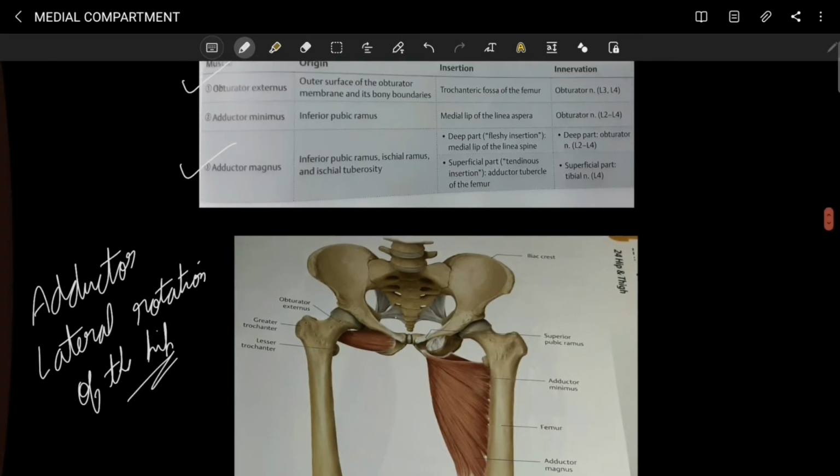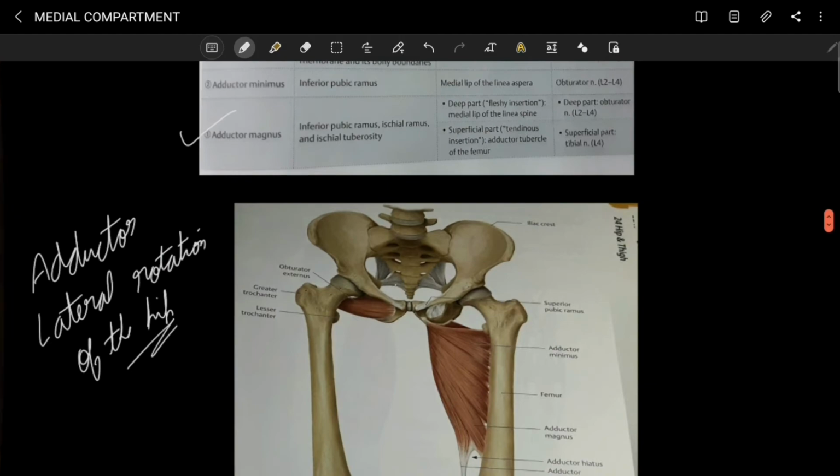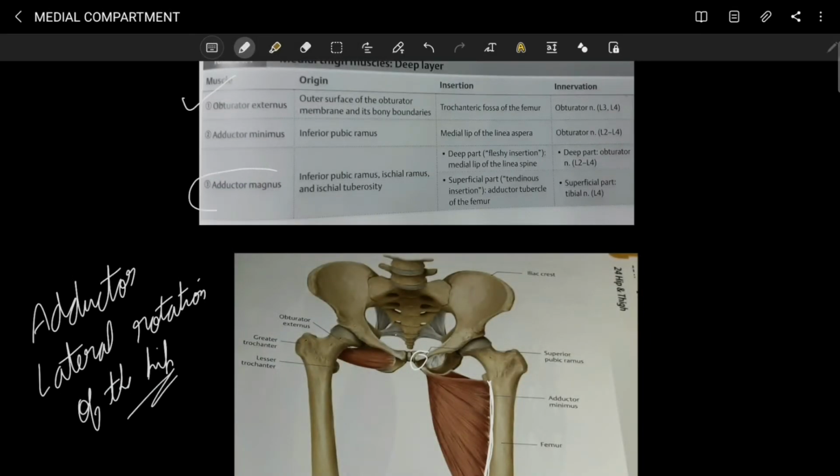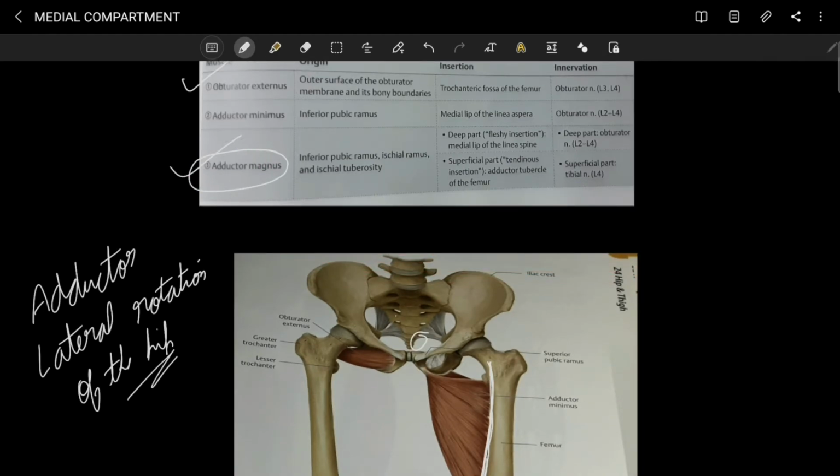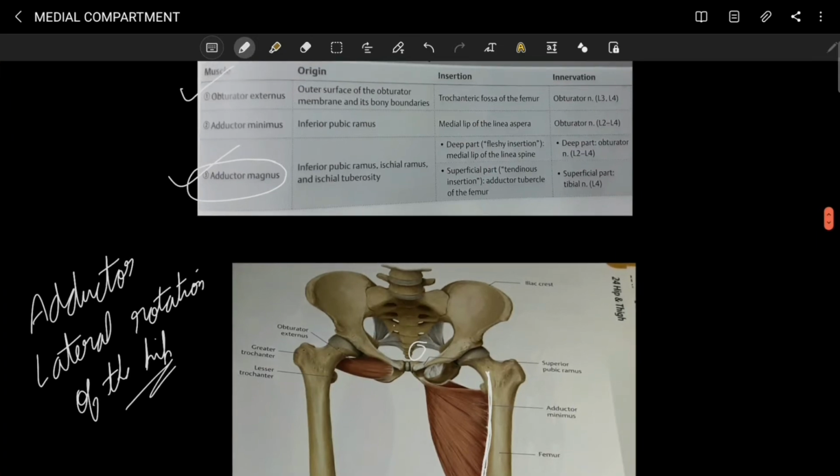So yeah, keep that in mind. Now the next muscle is adductor magnus, one of the largest muscles in the medial compartment. Alright, it is a very deeply seated muscle, posterior to all the other muscles of the medial compartment.